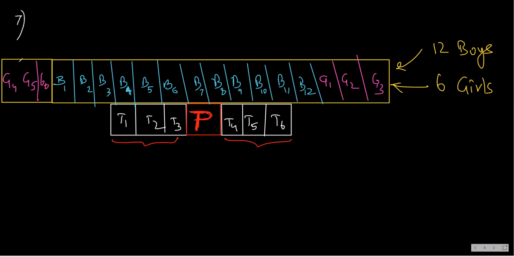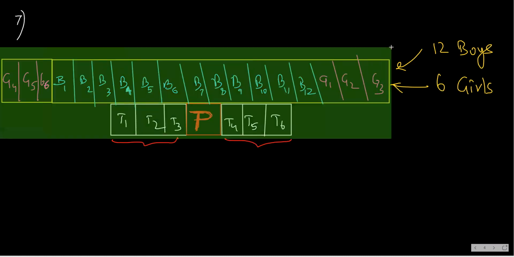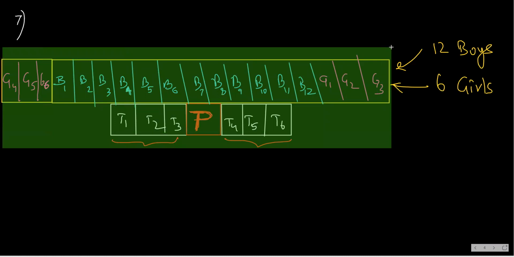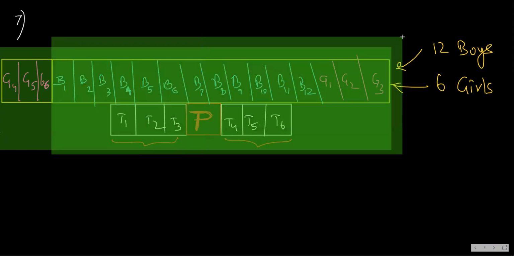Got it? So this is a kind of arrangement for a photograph. In school, there is a group photograph, and this is how the kids are supposed to be sitting along with the teachers and principal.